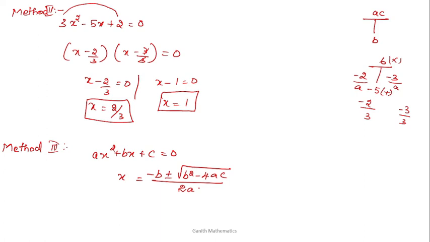This is the equation and the solution of the equation. So we are going to solve the same problem, 3x square minus 5x plus 2 equal to 0. So a equal to 3, b is equal to minus 5, c is equal to 2.